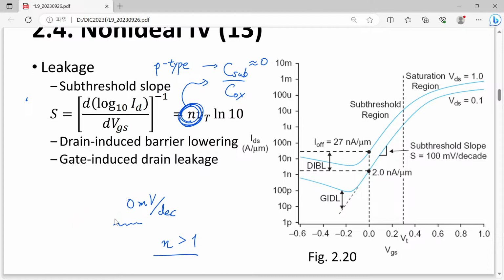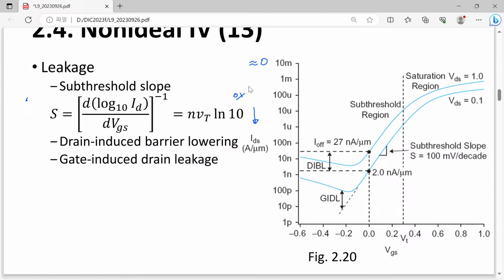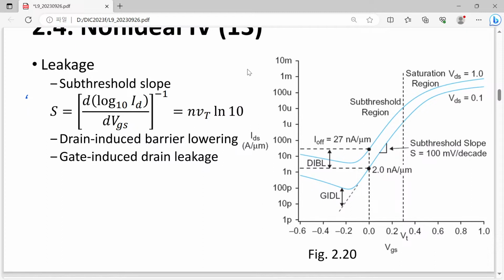However, people really wanted to reduce the subthreshold slope even further, but that is not possible with conventional CMOS technology. So that's the reason why we have a lot of work on steep slope transistors. But that is another story, not related to this design course.